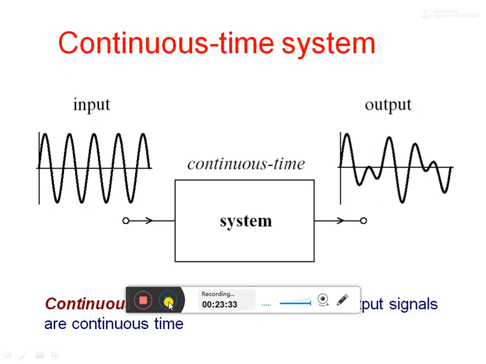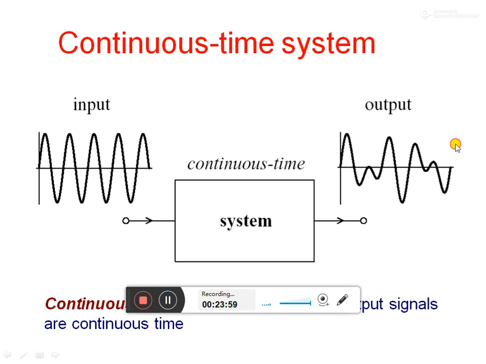Now based on the type of these two inputs, we can classify the system as continuous time systems and discrete time systems. For a continuous time system, the input will be a continuous time signal x of t, and the output is considered to be a continuous time signal y of t. So both input and output signals are continuous in nature with respect to time.